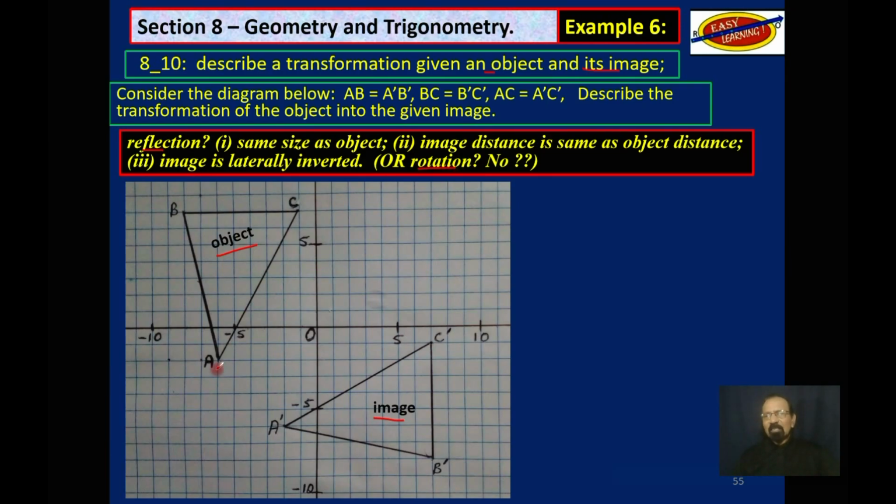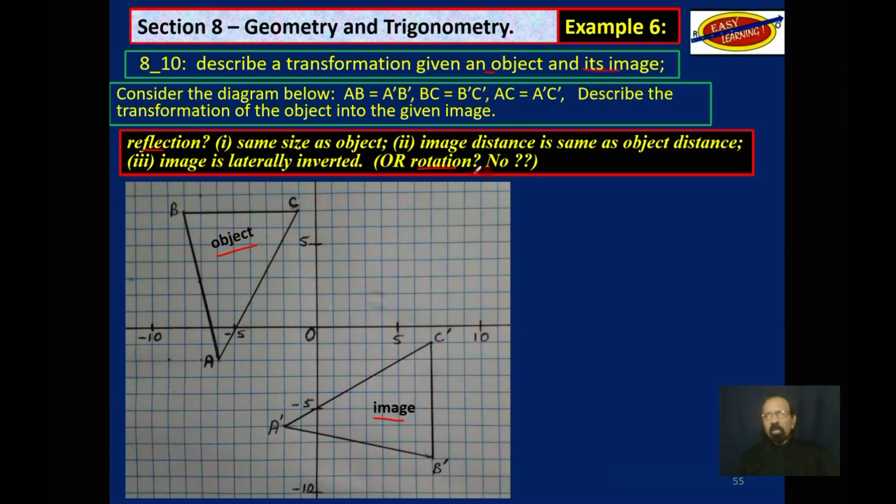At first glance, it looks like reflection. Like there's a line somewhere in here. That is A, this is A prime, that is C, this is C prime, that is B far over on that side, this is B prime far over on this side. So it's not rotation. And of course, it's not translation, because translation will also have the same orientation.